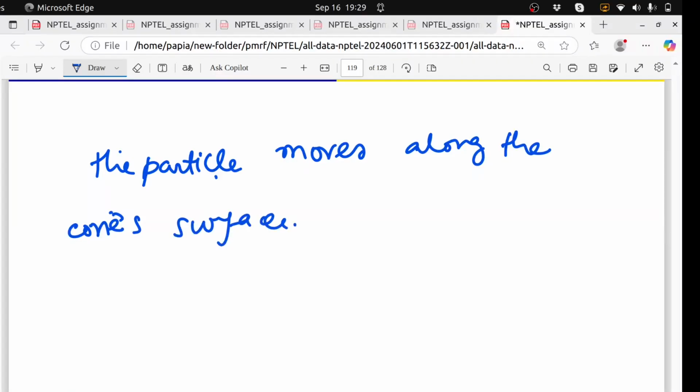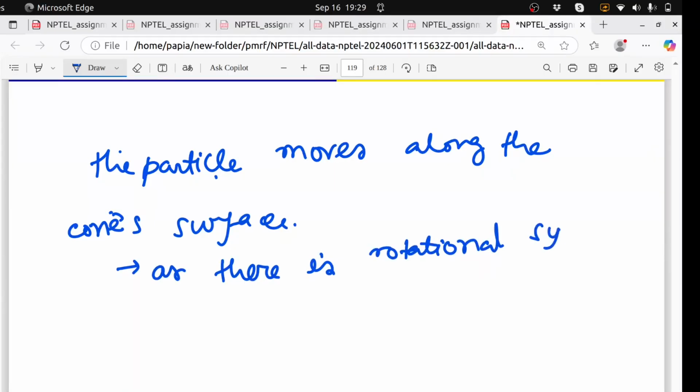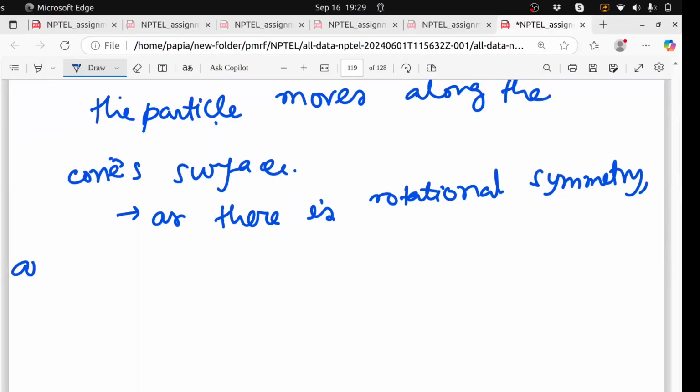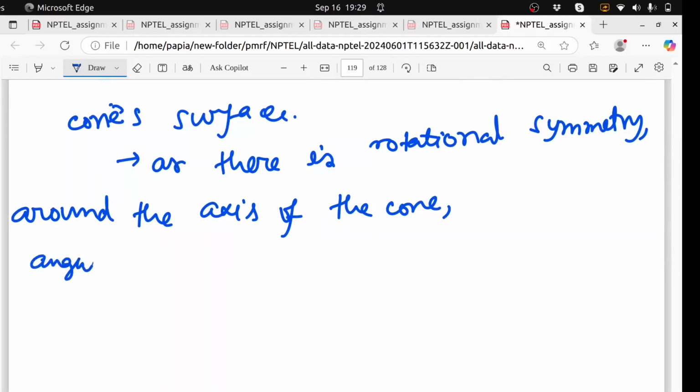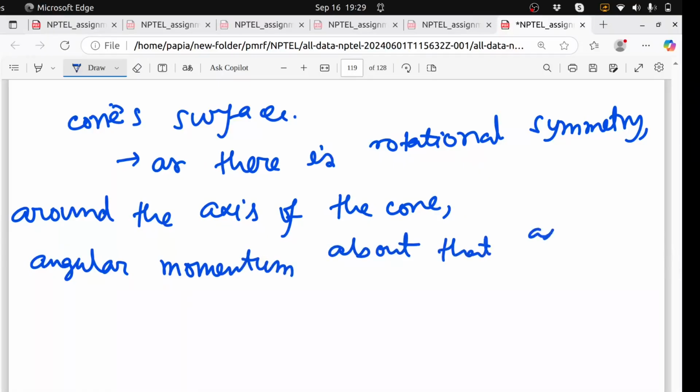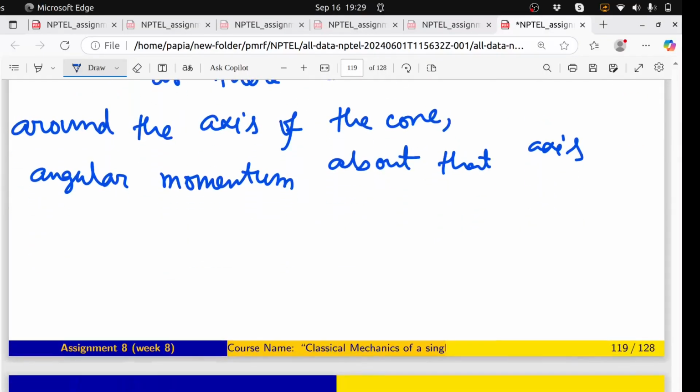surface, and as there is rotational symmetry around the axis of the cone, we can see that the angular momentum about that axis is conserved.